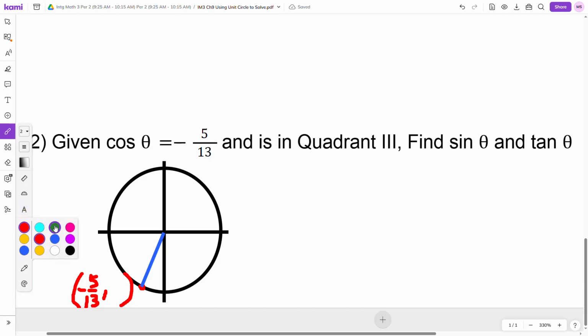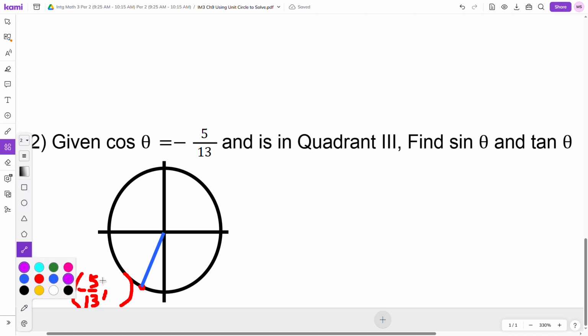So let me label some other sides here. Let's do it up here like normal. If you drop a height down to the x-axis, the length of that purple segment there is going to tell you the sine.